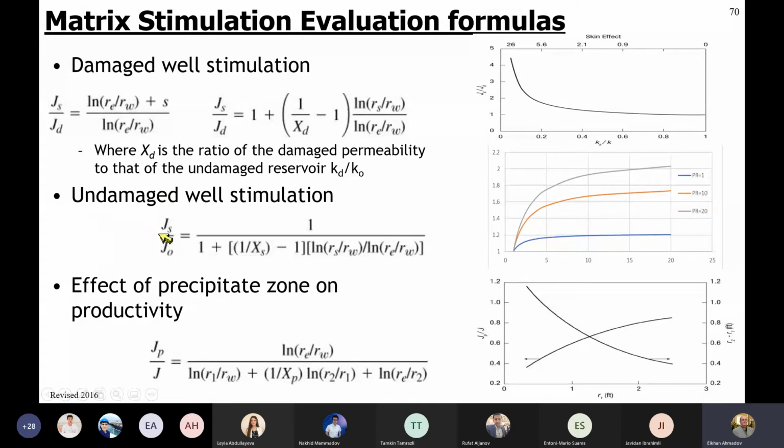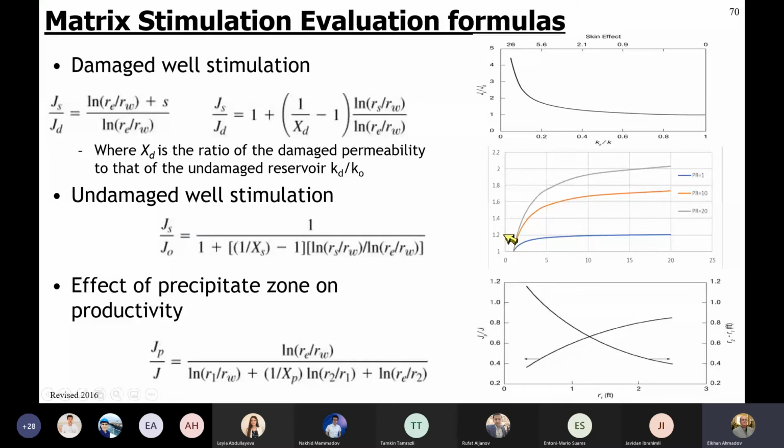For example, if we evaluate the stimulation of the undamaged well, we want to increase production. There is no damage, but we want to increase production, especially for carbonates, and we inject acid.